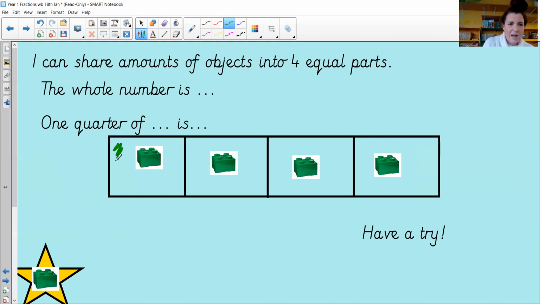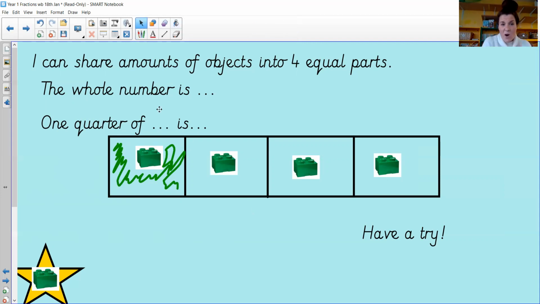If I shade in that quarter, there we go. I have 1 of 4 equal parts coloured in. So that means that if I'm trying to find out 1/4 of my objects, I'm looking in here. How many Lego bricks are in here? I've got 1. Okay, so 1/4 of 4 is 1. So we can say that 1/4 of 4 is 1.